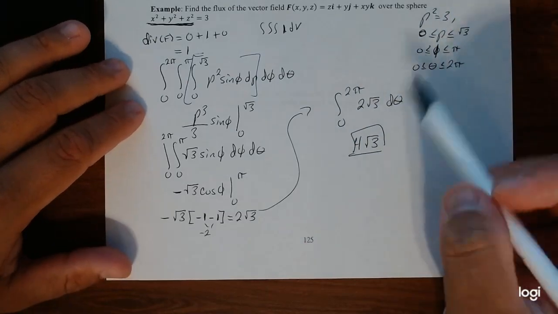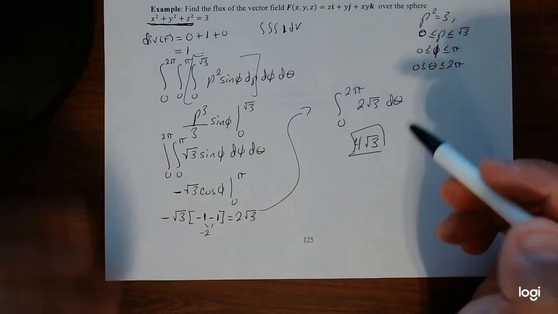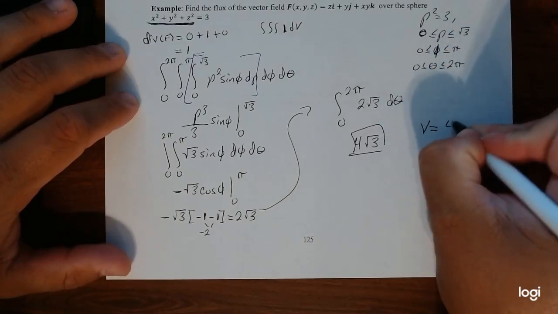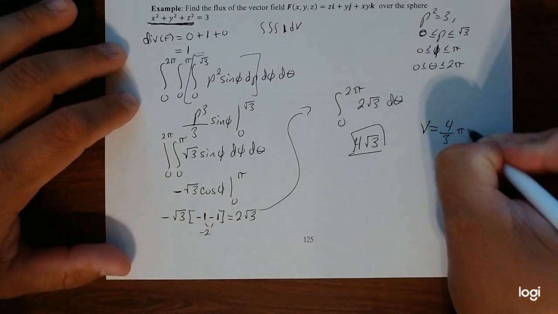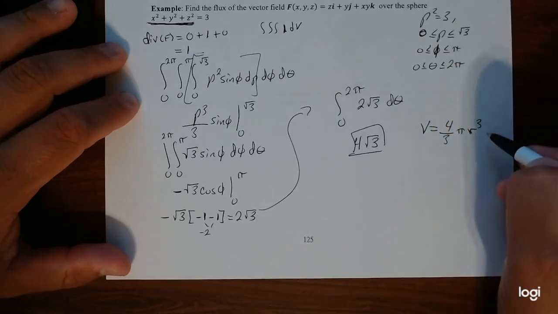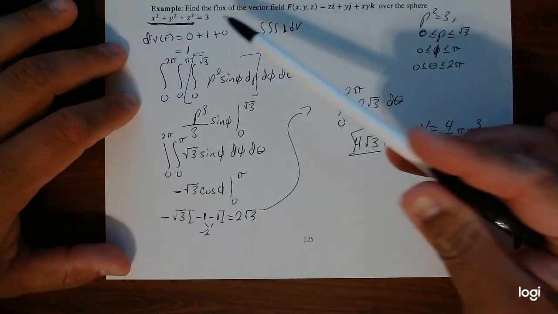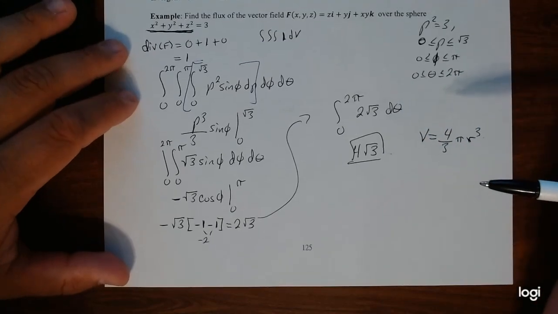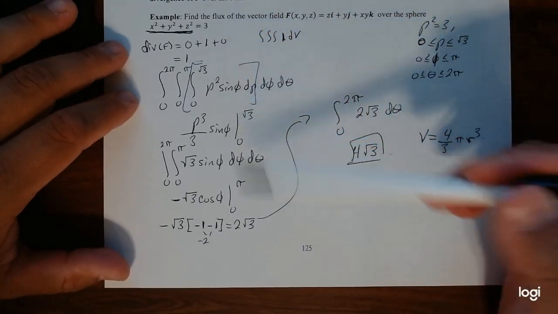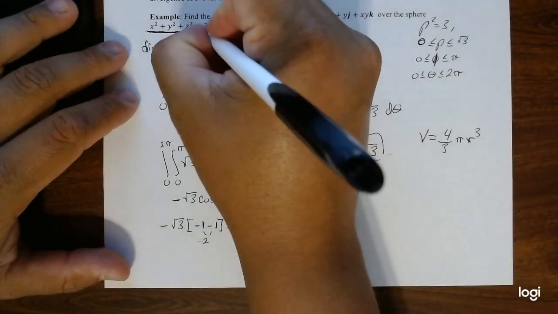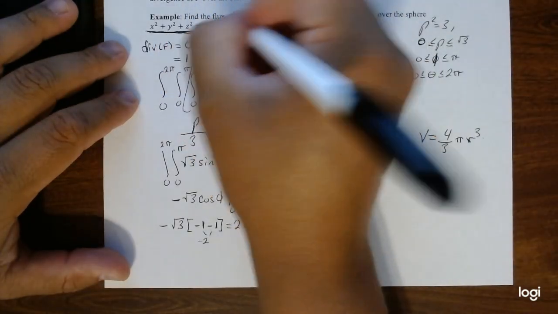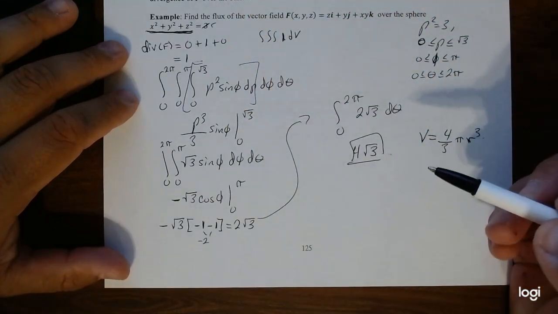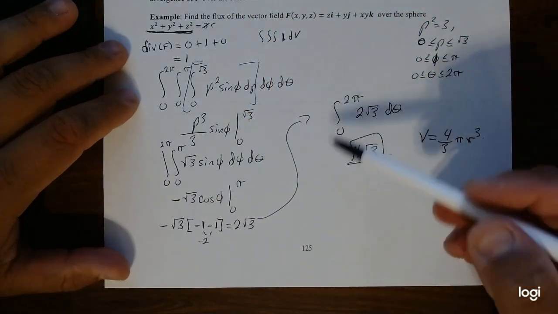Now there's a reason why I didn't put that in at the very beginning, so I want to show you. If you remember, the volume of a sphere is equal to 4/3 pi r cubed. If I plug in the radius from the beginning, which is radical 3, I get exactly that. So essentially, this is a type of proof, because if I use r in general, you get a proof of how to find the volume of a sphere, because it's exactly the way to do it.